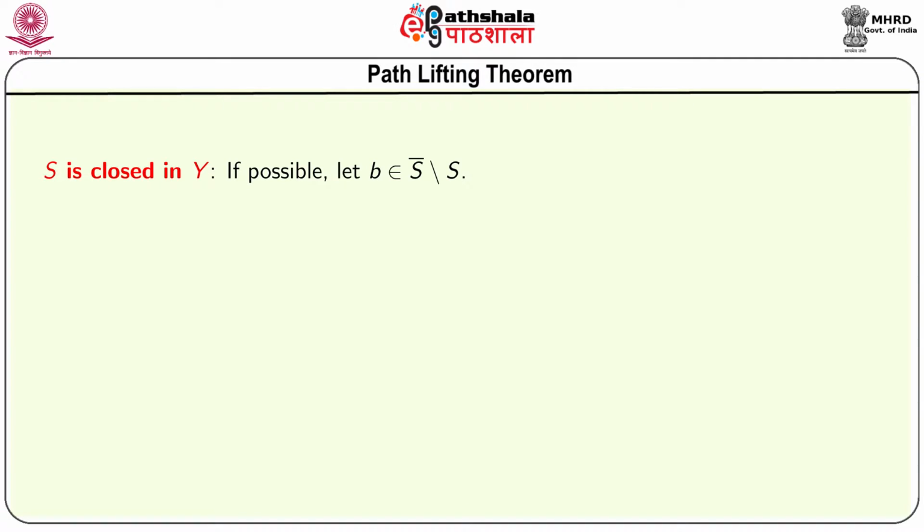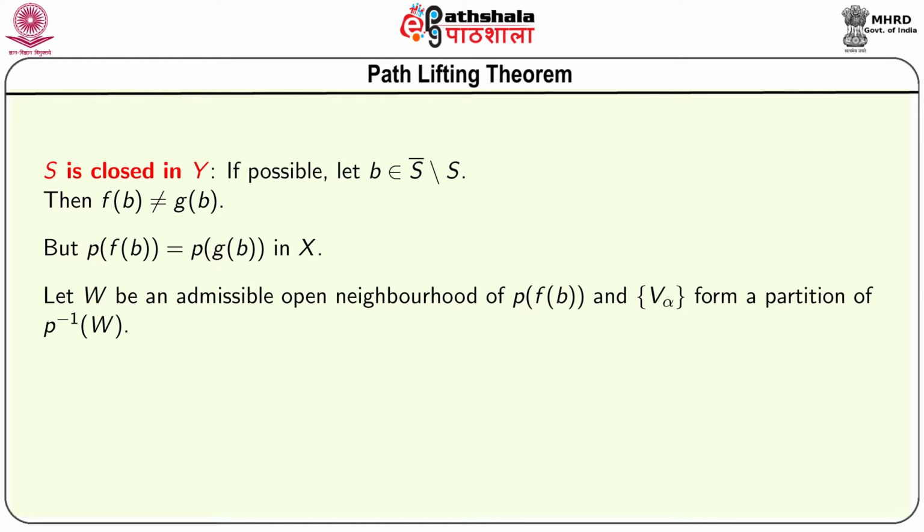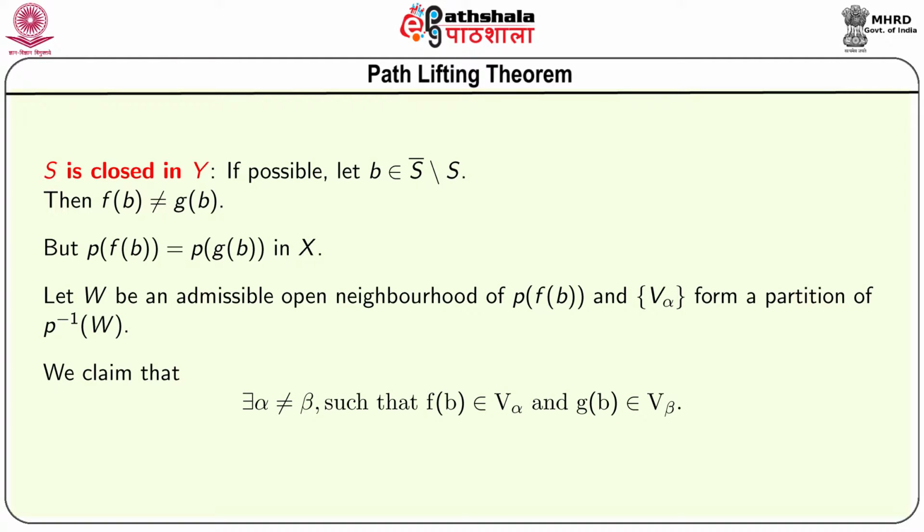Now, we are to show that S is a closed set in Y. If possible, let us take a point b from S bar minus S. Then f(b) and g(b) are two different points, but P of f(b) is equal to P of g(b) in capital X. Let W be an admissible open neighborhood of P of f(b) and the collection V alpha form a partition of P inverse W. We claim that there exist alpha not equal to beta such that f(b) is in V alpha and g(b) is in V beta.